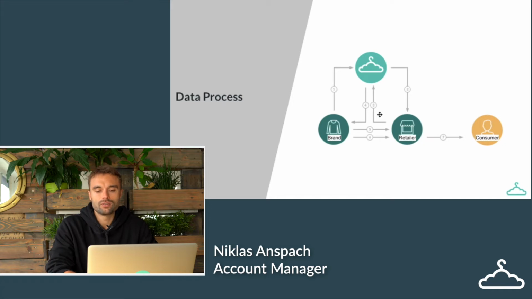It is sent immediately to Fashion Cloud, and we also immediately send it to the brand, and then the brand processes your order in the standard way. Should you do EDI, it sends the EDI data to you, so the DESADV and the order response, as well as physically sending the order out to your stores. Now, you inform the customer that the order has arrived in your store. The customer comes once more into your store, gets the order, and you have a higher customer frequency in your stores and a higher customer satisfaction.